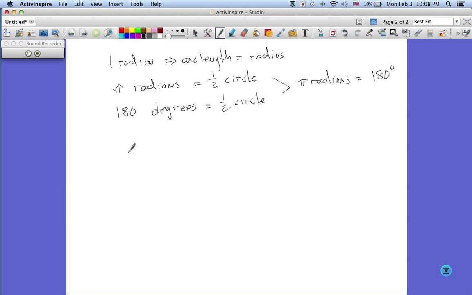So how many radians is 30 degrees? Well, 30 degrees is 180 divided by 6, and 180 degrees is the same as pi radians.